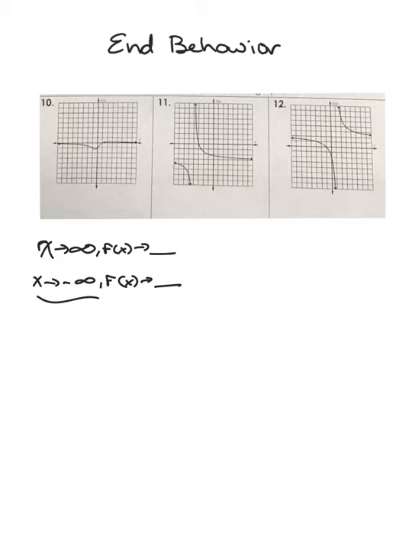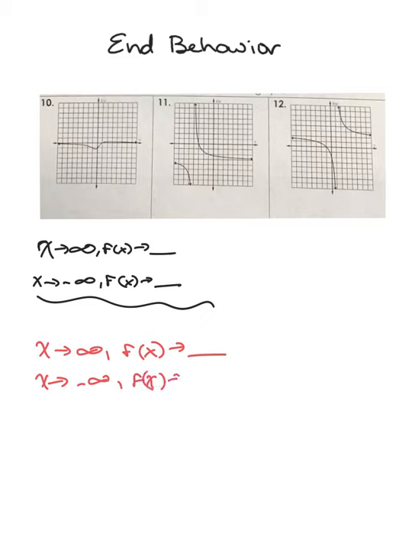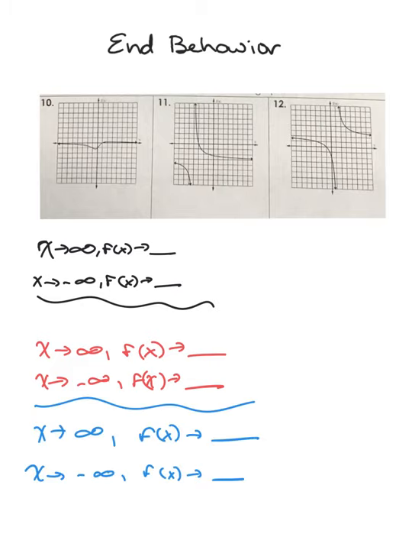So that's going to be number 10. Number 11, as x approaches infinity, f of x approaches something. As x approaches negative infinity, f of x approaches something. And then for number 12, same thing.